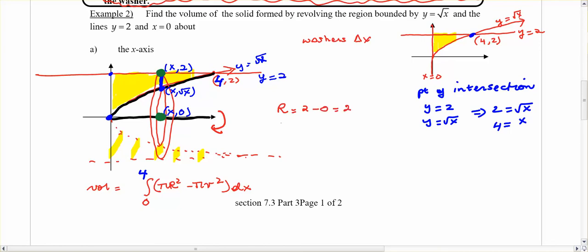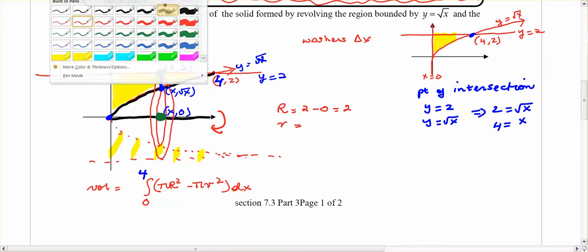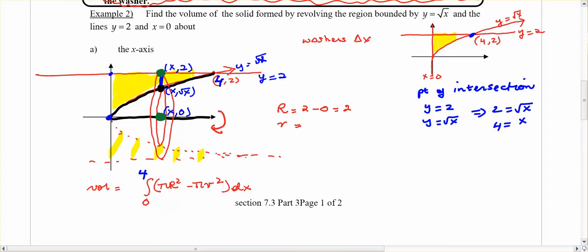So big R is 2. Little r is going to be the distance between the inner rim, this point, and the center. It always goes to the center. So the little r is going to be root x, the upper y minus the lower y, which is root x. So we're almost set to go.